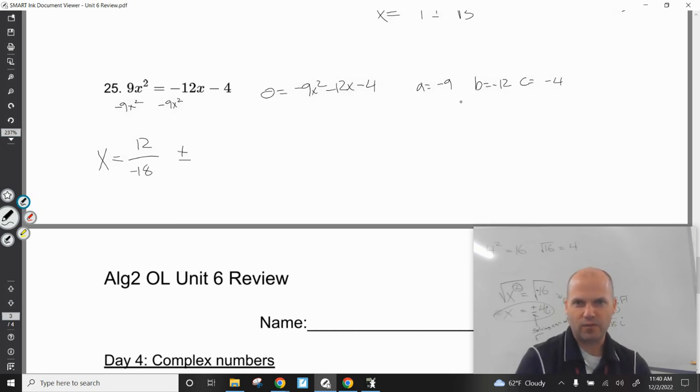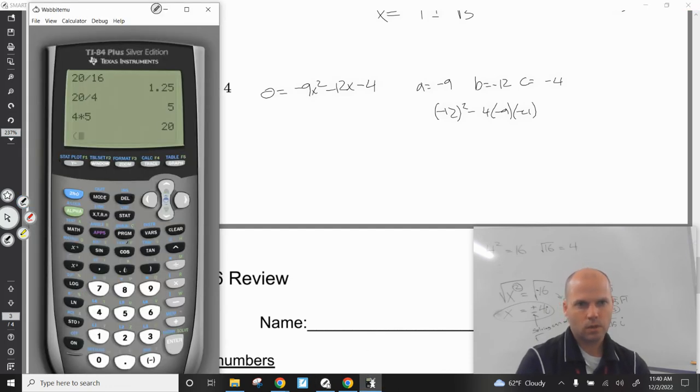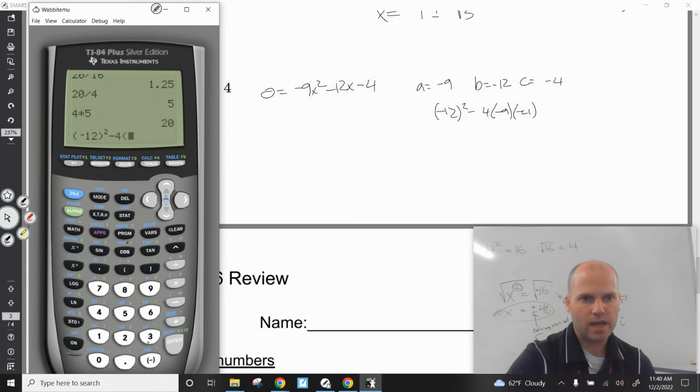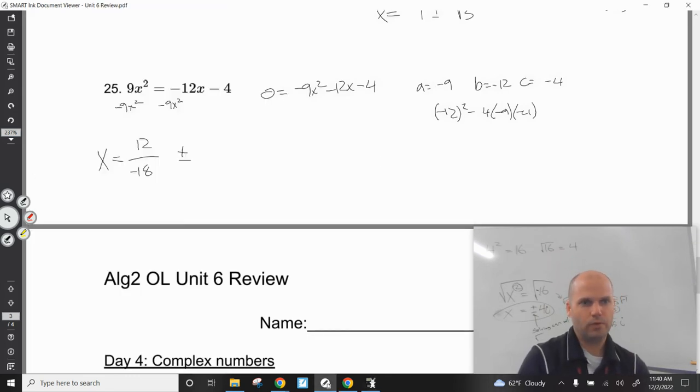Okay, on the right side, let's figure out what B squared minus 4 times A times C is. -12, this is all in parentheses, squared, minus 4 times -9 times -4. 0. Beautiful. That's what goes under the square root. What's the square root of 0? 0. Which means 0 goes here, divided by -18.